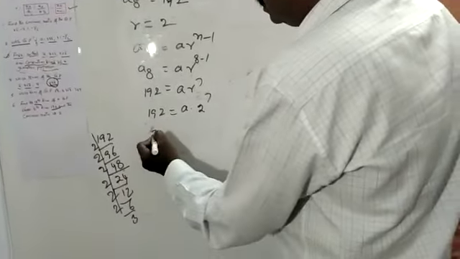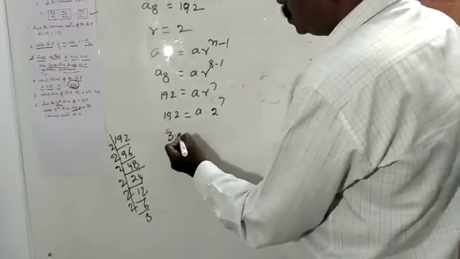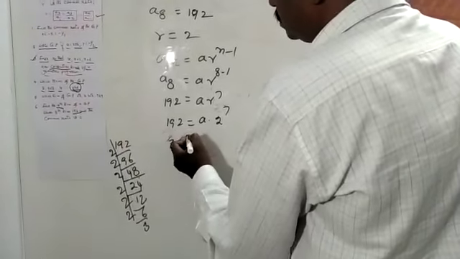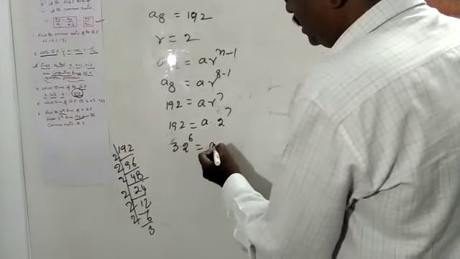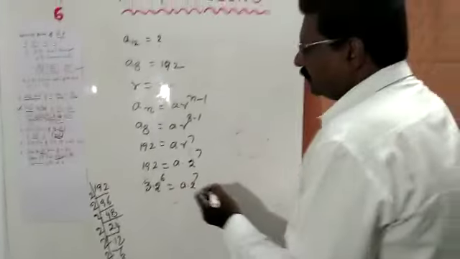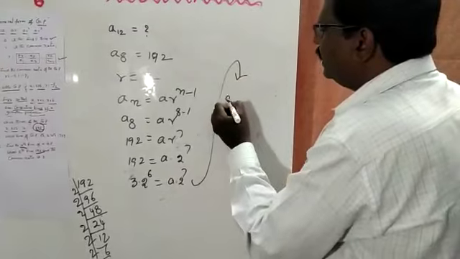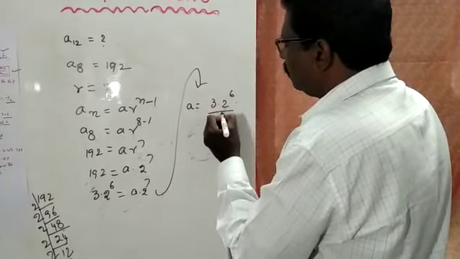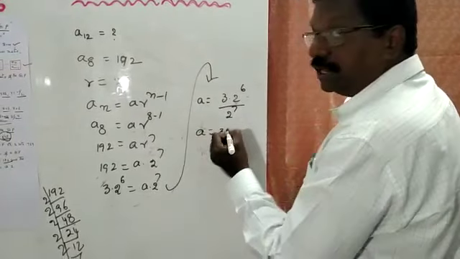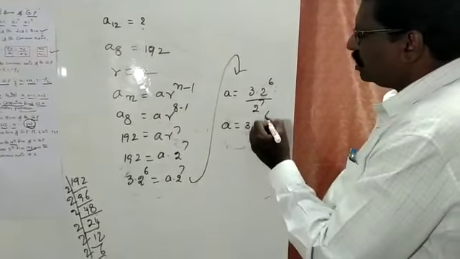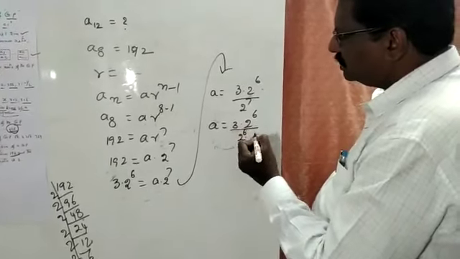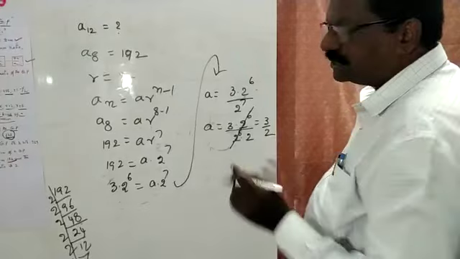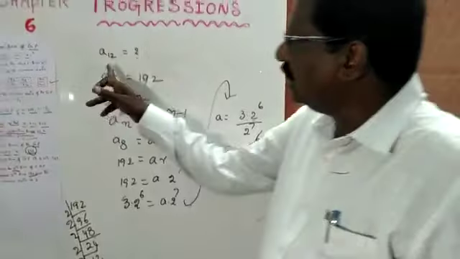So 192 we write as 2 into 3 into 2 to the power 6, that is equal to a into 2 to the power 7. Then you have to write a is equal to 3 into 2 to the power of 6 by 2 to the power 7. A is equal to 3 into 2 to the power of 6 by 2 to the power 6 into 2. 2 to the power 6 and 2 to the power 6 cancel. 3 by 2. a is equal to how much? 3 by 2.